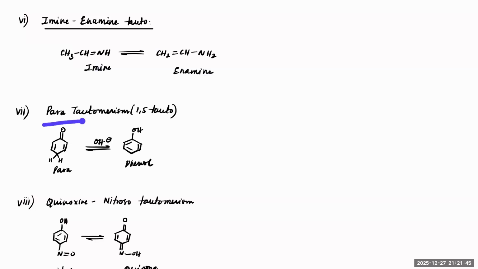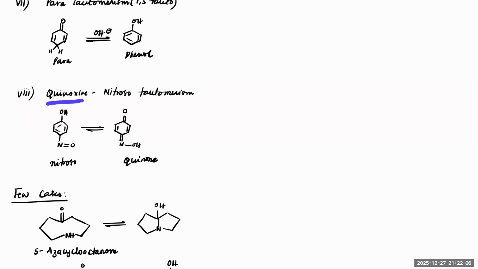Next is para-tautomerism, which is 1,5 tautomerism. At one position, I have hydrogen. From one position, if I push this to the fifth position and keep pushing the double bonds here, that will become phenol. So this is called para-tautomerism or 1,5 tautomerism. Next is quinoxime nitroso tautomerism. See, this is the nitroso group.